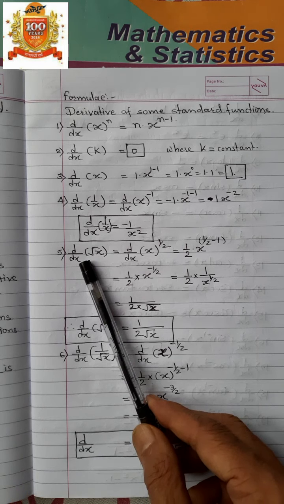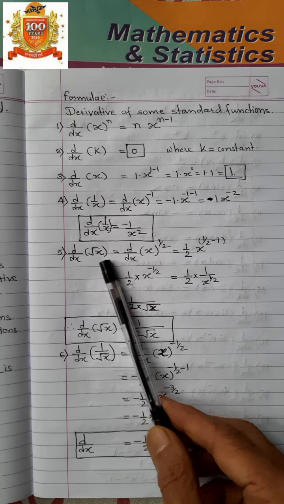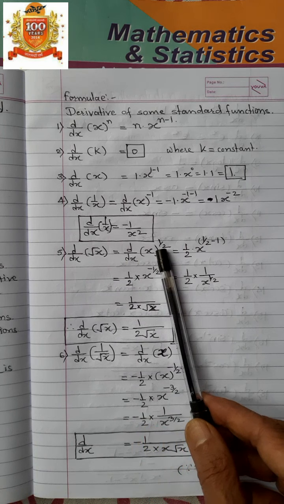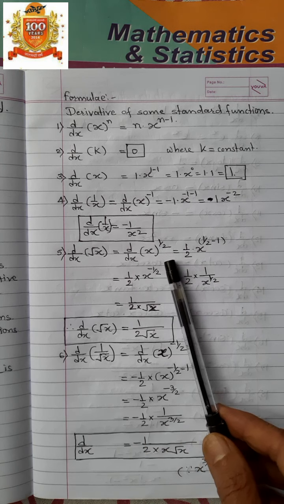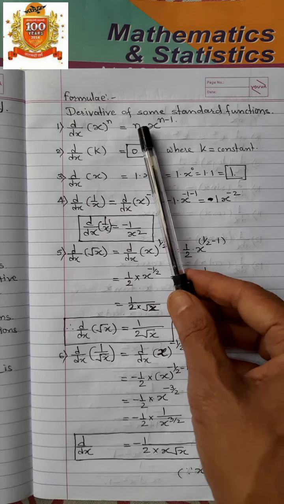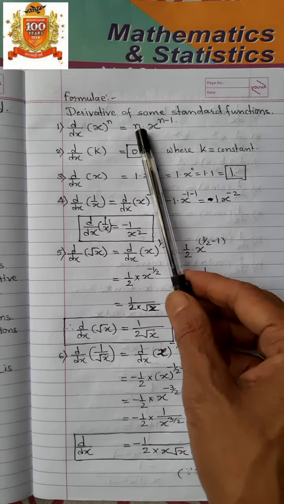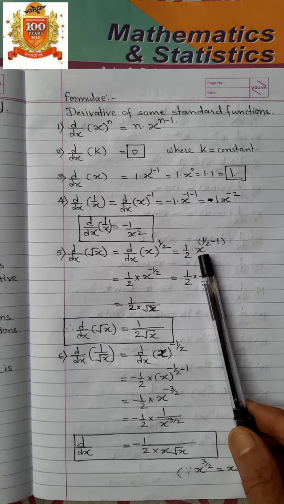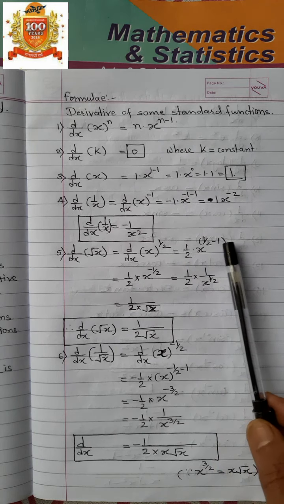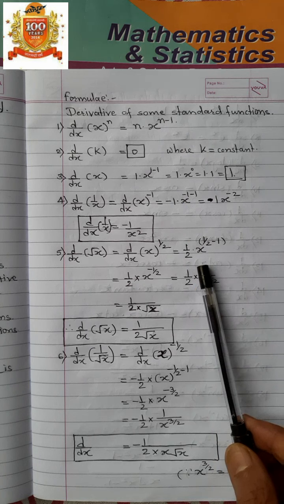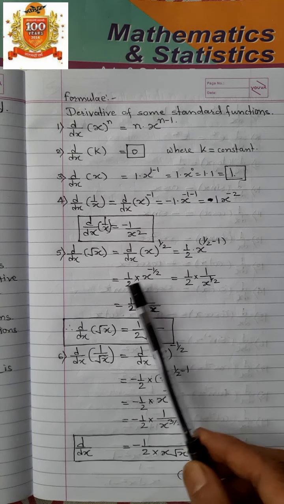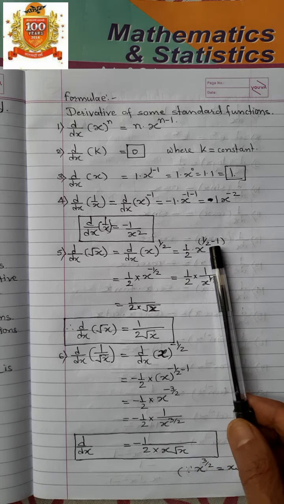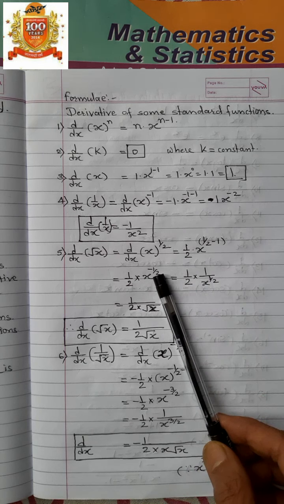Next, derivative of d/dx of root x, that is d/dx of x raised to power 1 by 2. Now here value of n is 1 by 2. Put the value of n is equal to 1 by 2 in this formula. We get 1 by 2 into x raised to power 1 by 2 minus 1, which is equal to 1 by 2 as it is x raised to power minus 1 by 2. 1 by 2 minus 1 is minus 1 by 2.